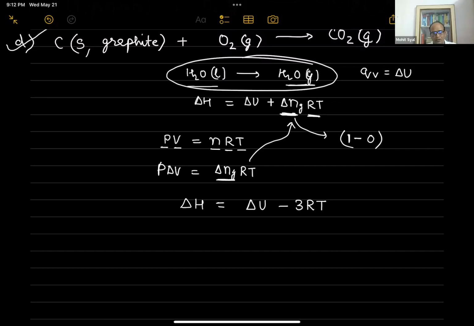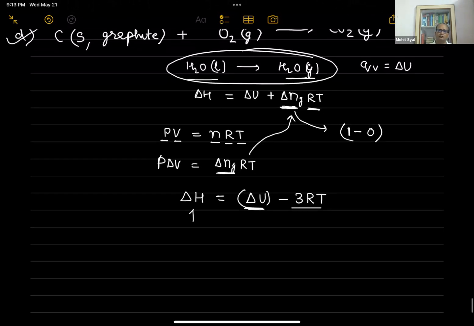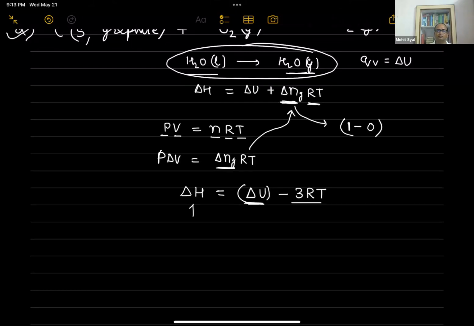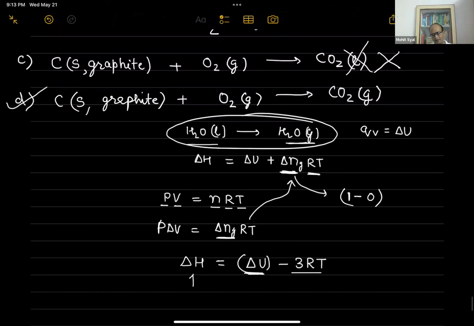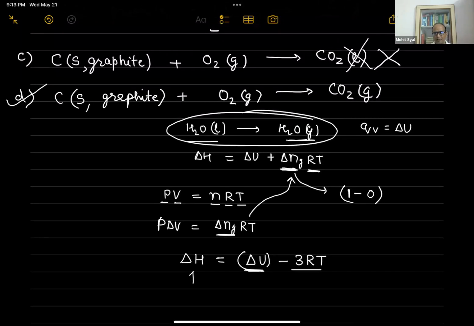Delta U has the higher value, because if it is higher, I need to subtract something to make it equal to the lower delta H. Is it clear? Got it? I hope the assignment is clear.